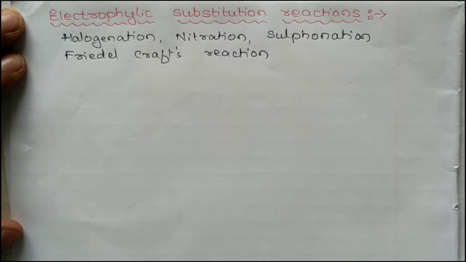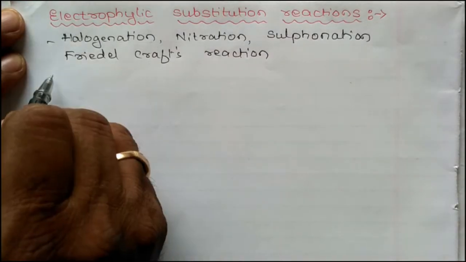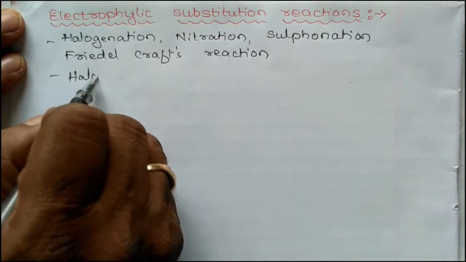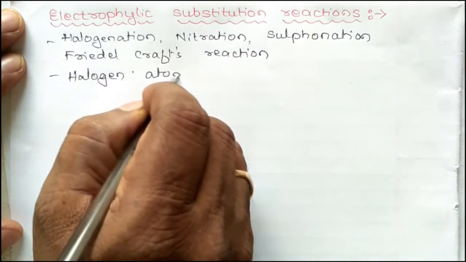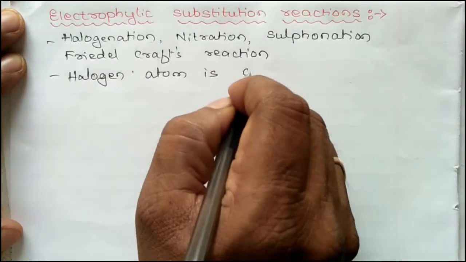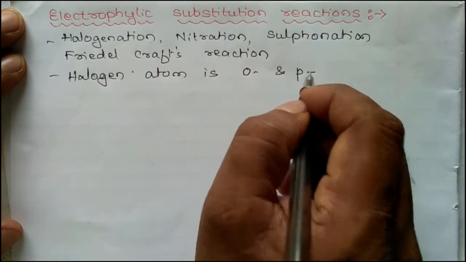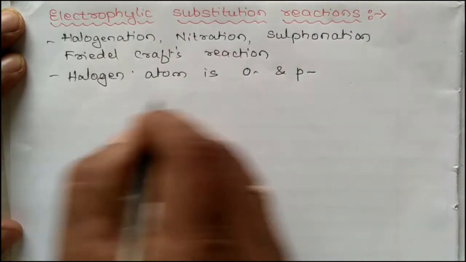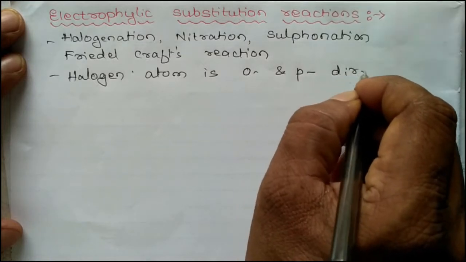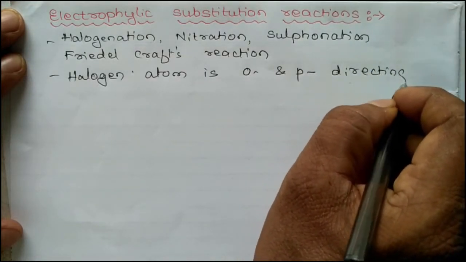The halogen atom is ortho and para directing.